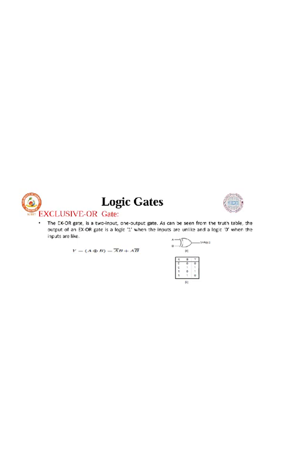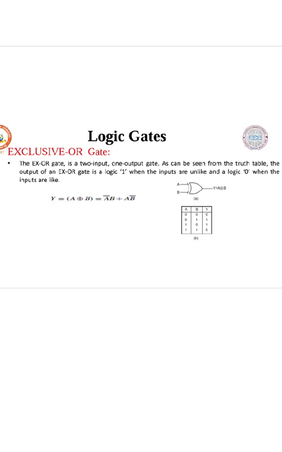The next gate is the exclusive OR gate. The exclusive OR gate again has two inputs. The output of the XOR gate is 1 when the inputs are unlike, and the output is 0 when the inputs are like. I repeat, if any one of the inputs is high, the output will be high.